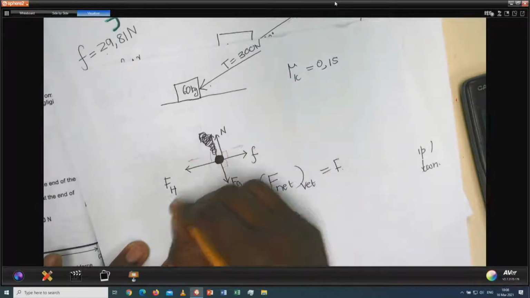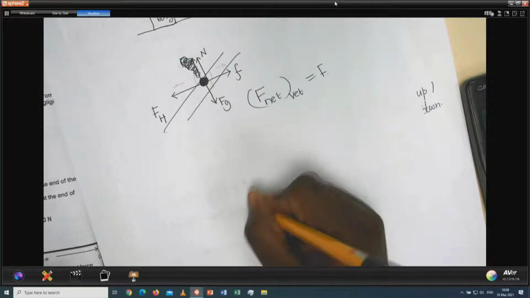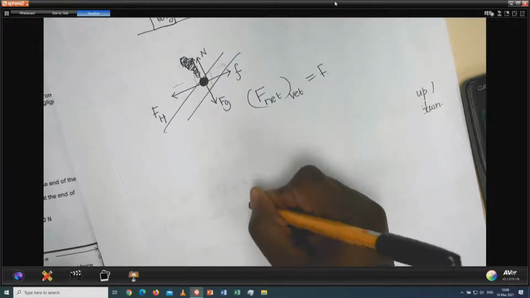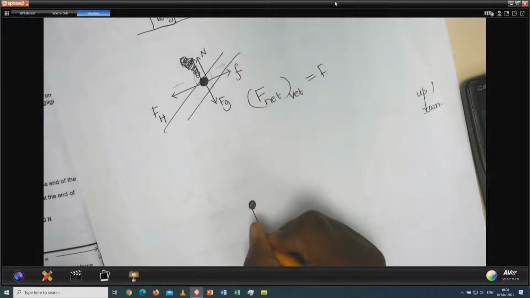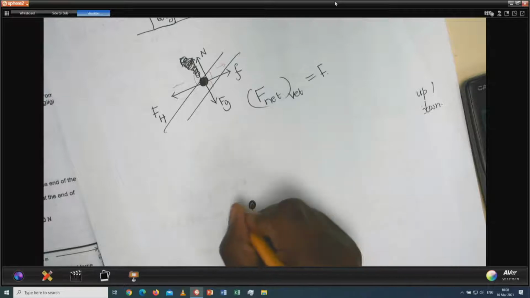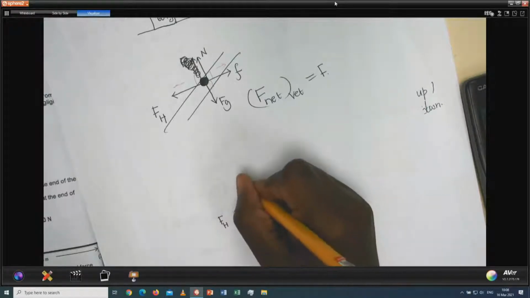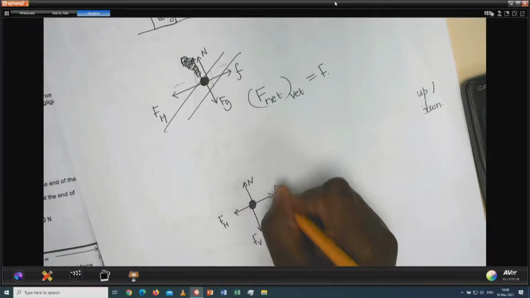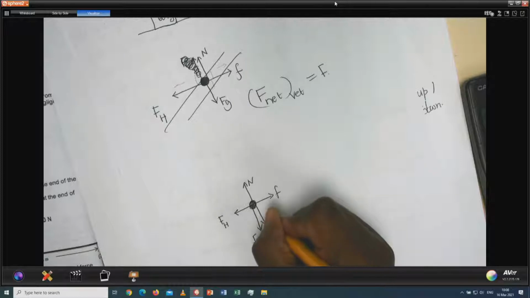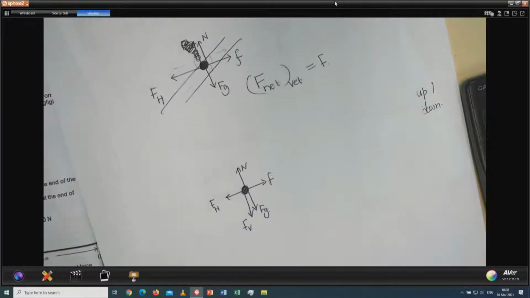Therefore, let me just scrap this and redo it. The vertical component will be downwards. The force is down. The horizontal component, the normal force, the frictional force and the force of gravity.